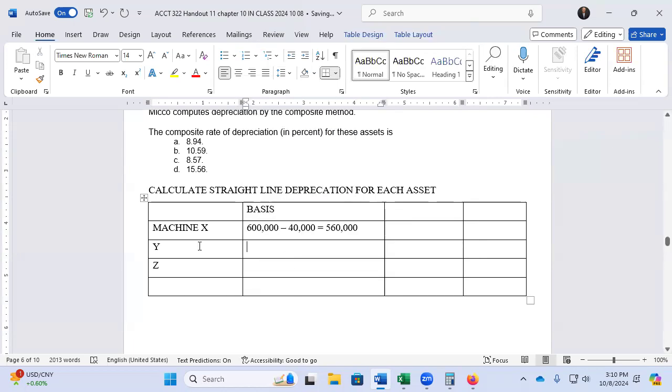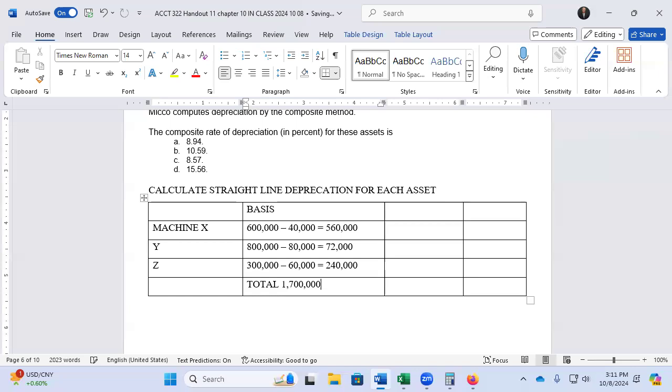Okay, for machine Y, 800,000 minus an $80,000 salvage value. And that equals 720,000. And 300,000 minus 40,000, or sorry, 60,000 equals 240,000.